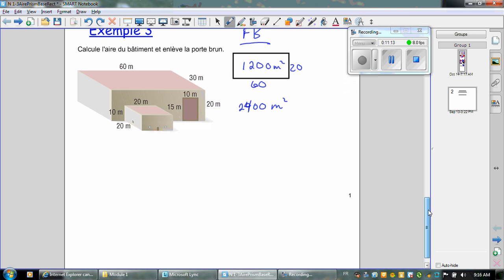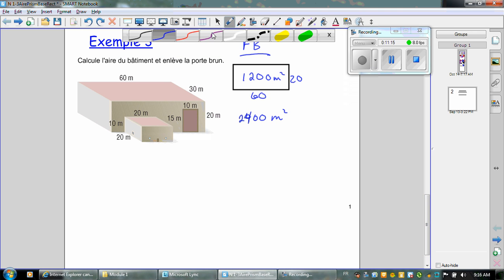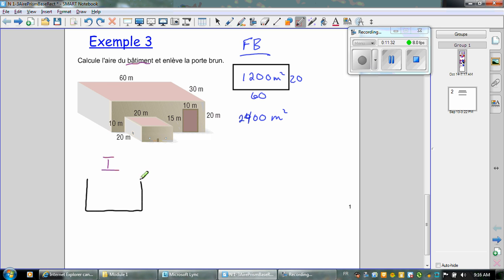Now, if I look at the top, okay? Now, because it's a building, we never calculate the surface area of the bottom because we know there's no bottom. So we just do the top because it's a building. So the top is going to look something like this. I have one huge rectangle and I have another rectangle. So I have two surface areas.